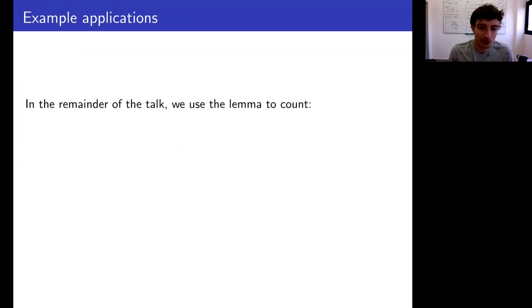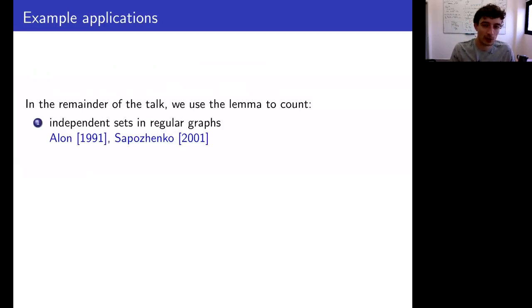And in the remainder of the talk, I'd like to describe 3 sample applications of sort of increasing difficulty of the lemma in real-life combinatorial situations. I chose maybe the simplest applications here, and they can be phrased in simple language. The first one would be an application of the lemma to count independent sets in regular graphs.